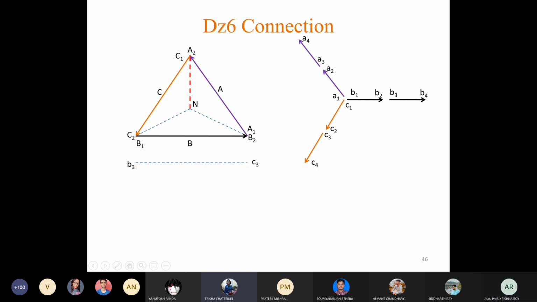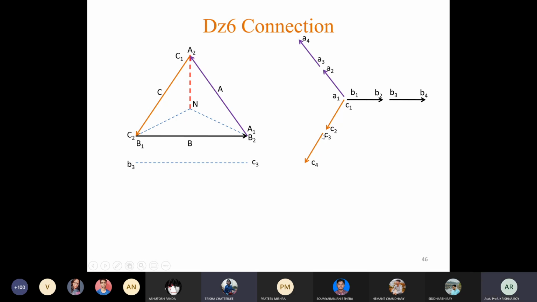Now to make Dz6, that means opposite to the previous one, first of all we have to reverse the outer three phases. Here the direction of phase, suppose B phase, is B1 to B2. Now to get the opposite phasor we need C3 B3.